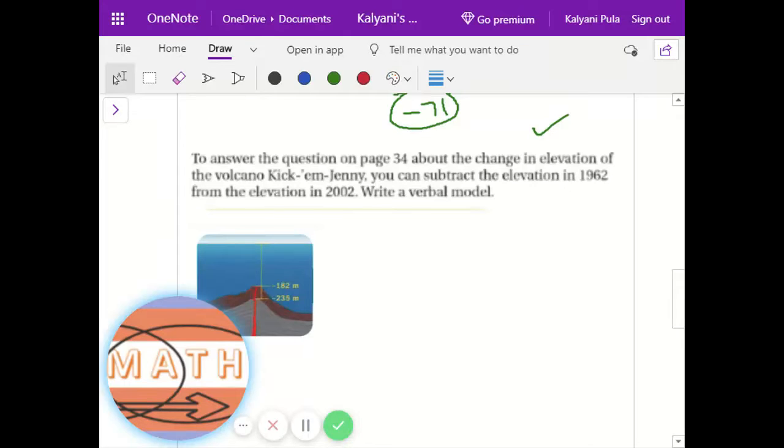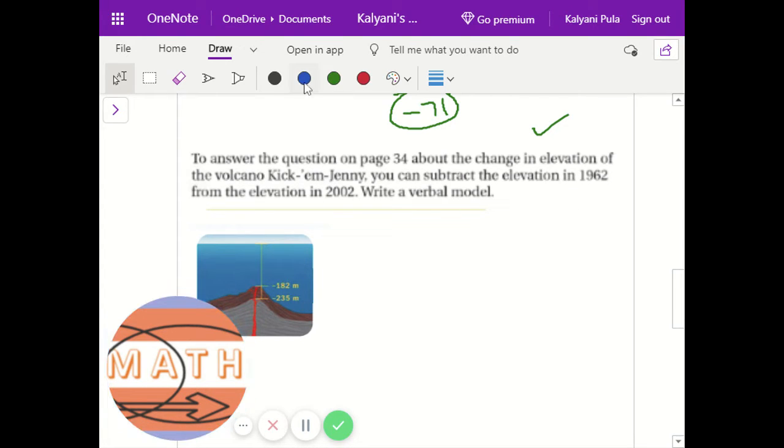So tell me what you think on that. Okay, that's a good question. So 1962 is -235, and in 2002 it's -182. Okay, that's good. Very good. Just write down the work, and then see what the change is.